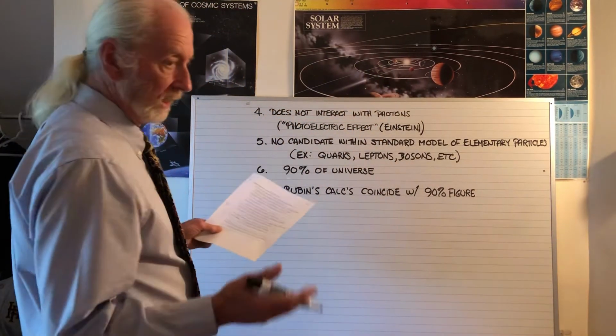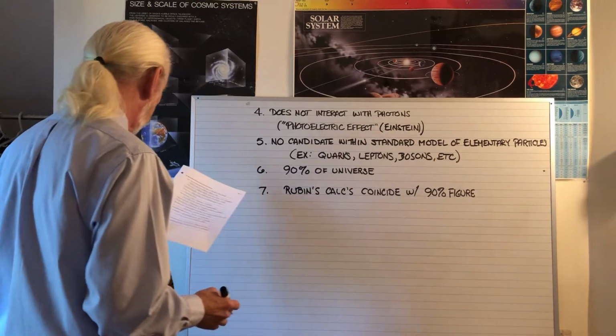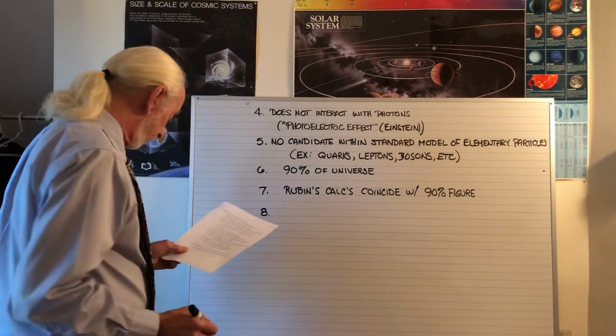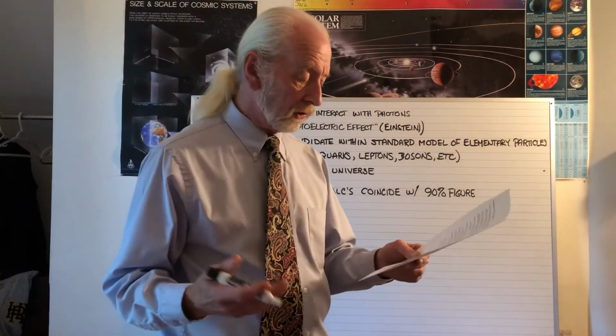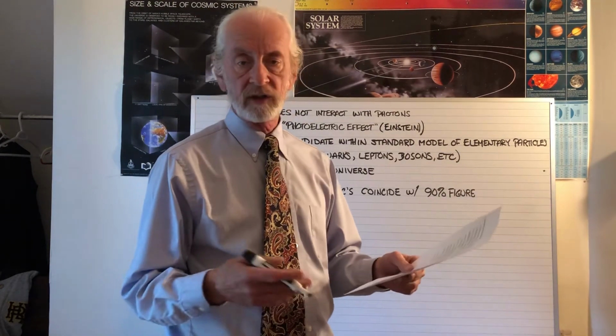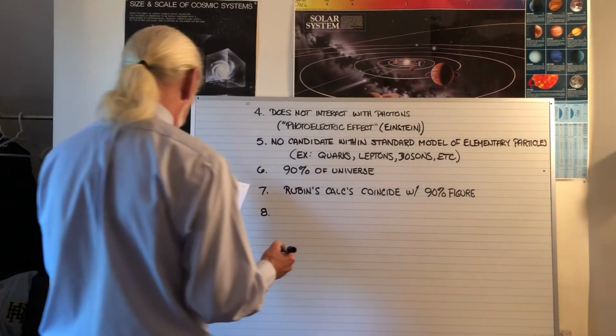And again, not counting dark energy. Number 8. These calculations also inferred the size of a halo of dark matter surrounding galaxies and galaxy clusters.